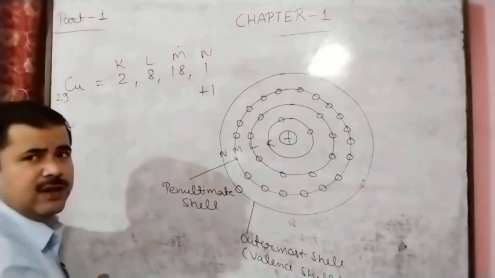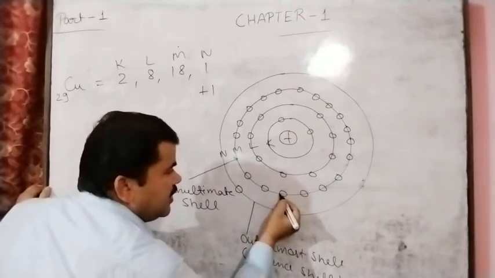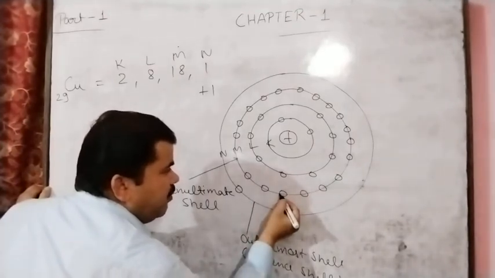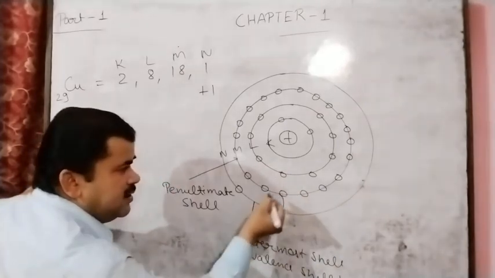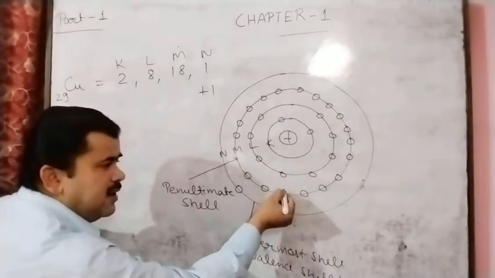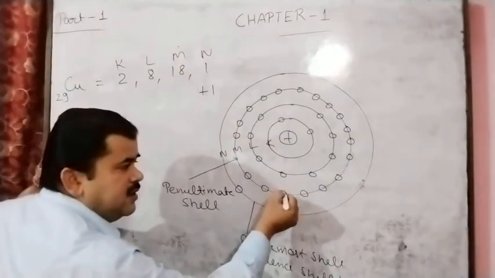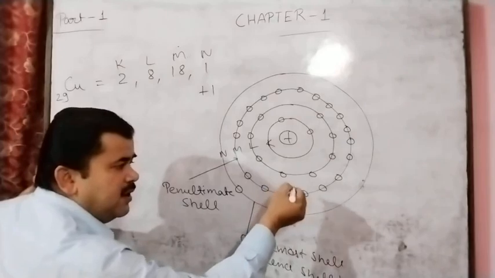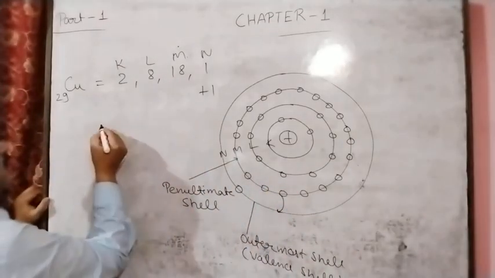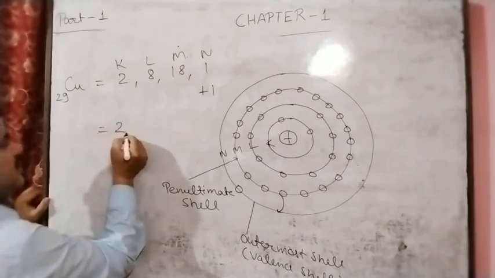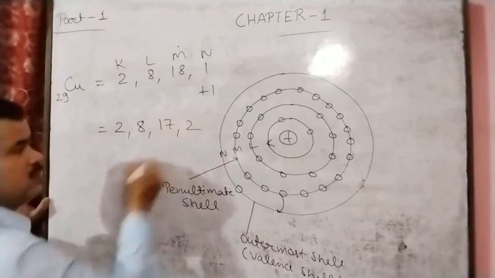But sometimes 1 electron jumps from the penultimate shell to the outermost shell. If 1 electron jumps, the electronic configuration will be 2, 8, 17, 2.